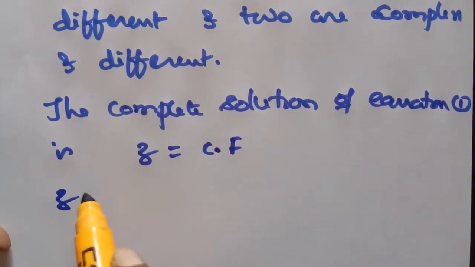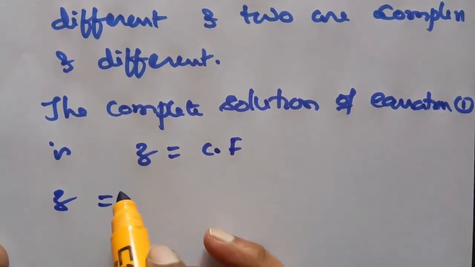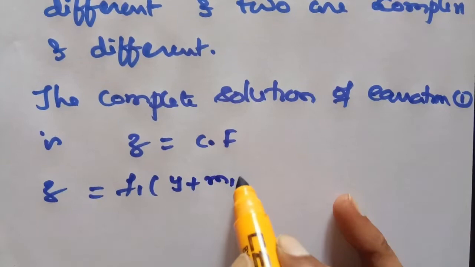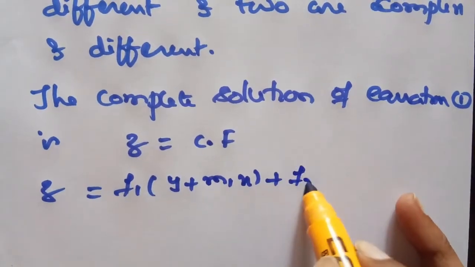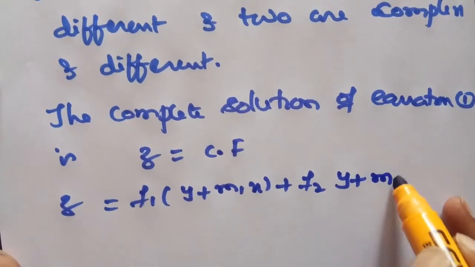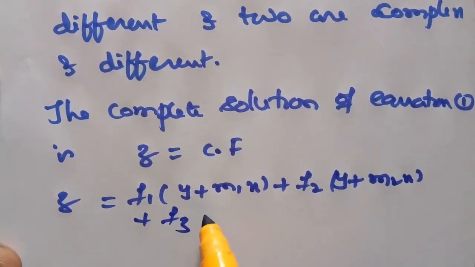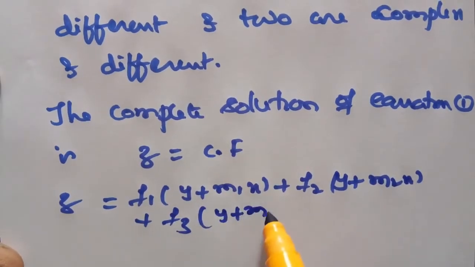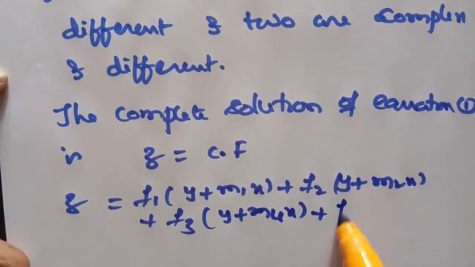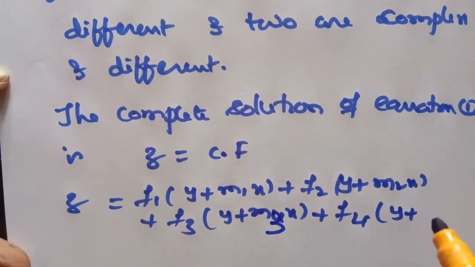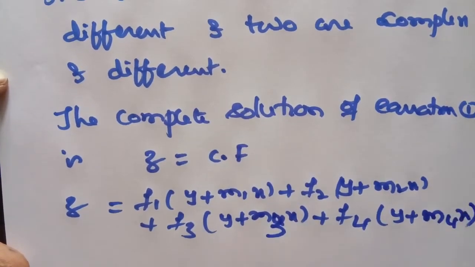Therefore, that is z is equal to, we know that, f1 of (y plus m1x) plus f2 of (y plus m2x) plus f3 of (y plus m3x) plus f4 of (y plus m4x).